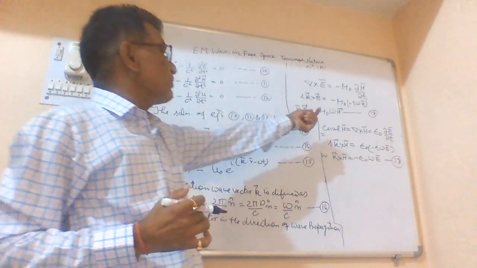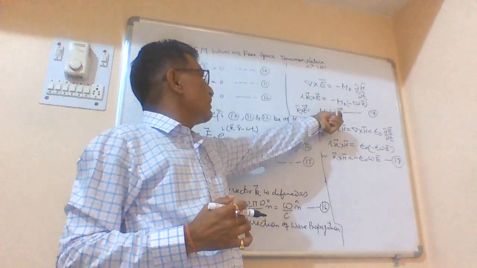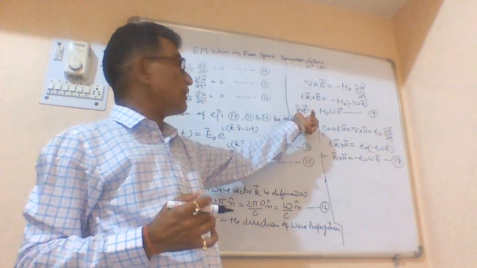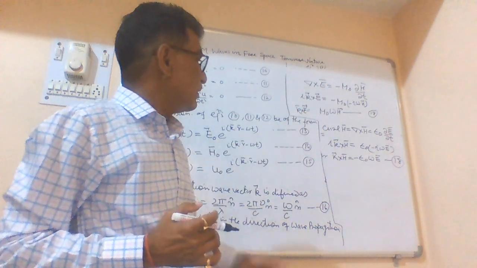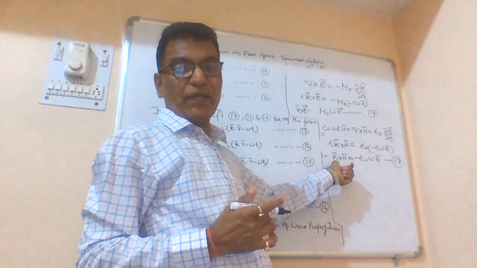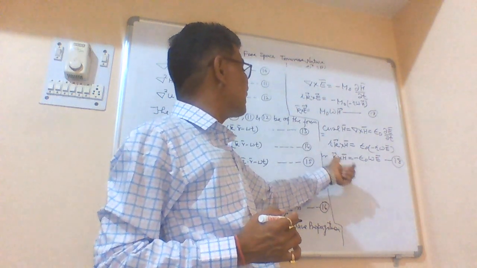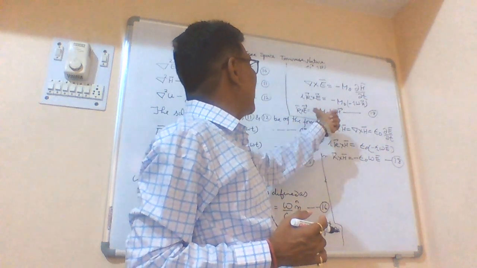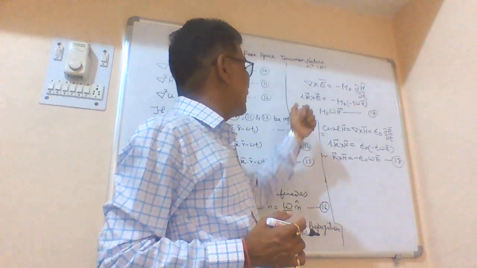So from equation number 17, it is clear that H is perpendicular to the plane containing both the propagation vector and the electric field vector. Similarly, from the 18th, E is perpendicular to the plane containing both the vectors k and H. It means that H is perpendicular to E as well as k.